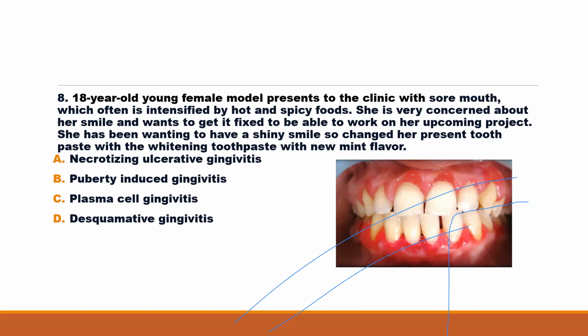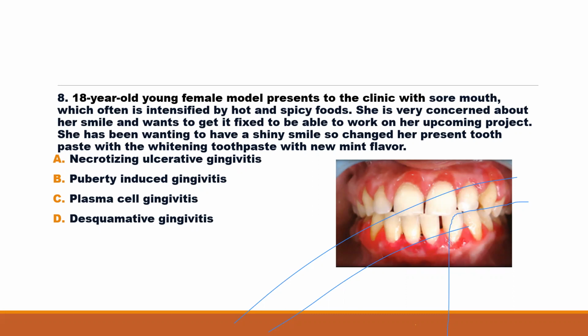Sharing results for question 8. So here many have answered majority as D. Okay, the answer for this is C, plasma cell gingivitis, because the patient gives a history that she wanted to have a shiny smile, and that's why she changed her toothpaste. So only after that she developed these lesions.